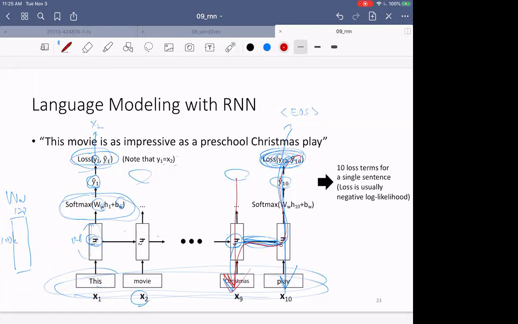And then H1 will receive loss signals 9 times. So that's basically how an RNN is trained.